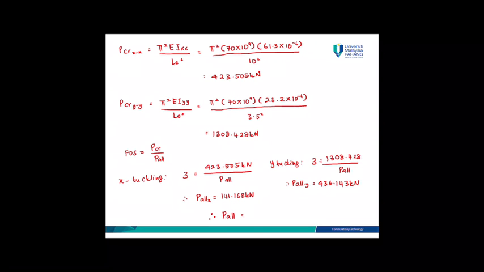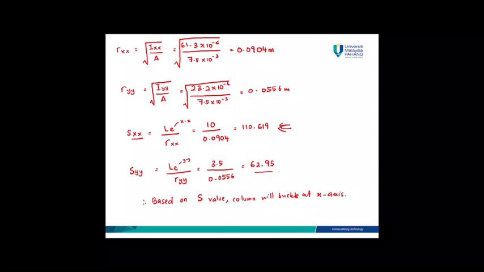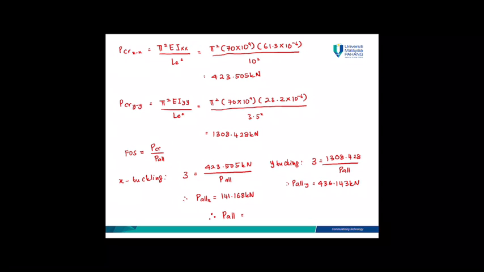So you know that based on S value, the column will buckle at X axis, and also based on P allowable value, we will choose 141.168 kilonewton. Why we choose the lower value of P allowable? Because the X axis can only sustain 141 kilonewton load. If you choose 436 load, then it will not buckle at Y axis, it will buckle at X axis.